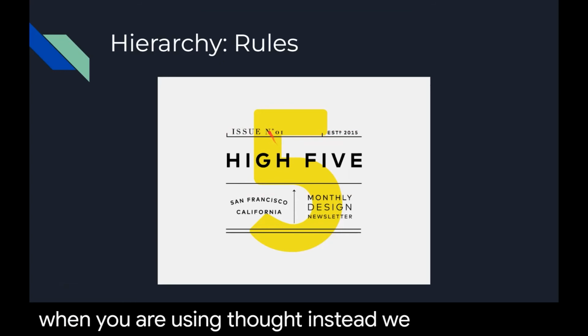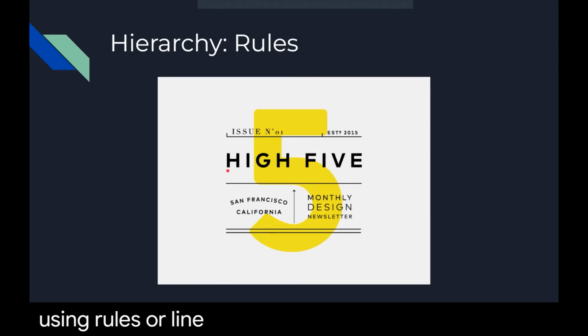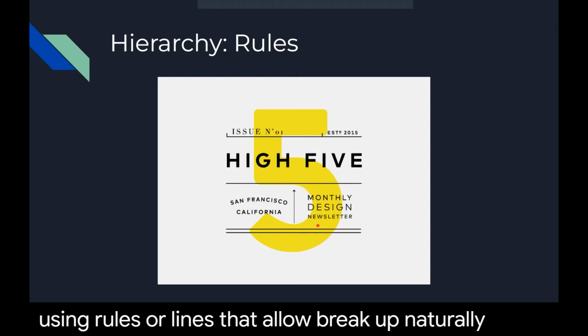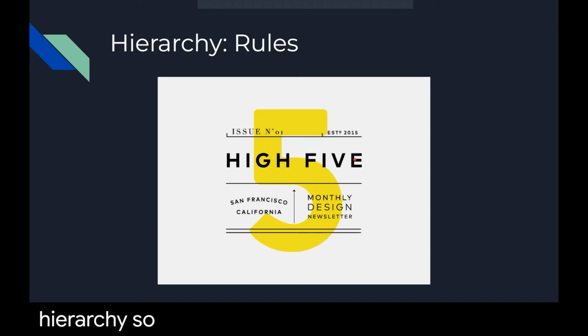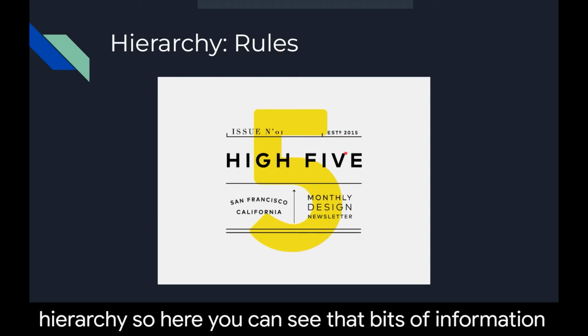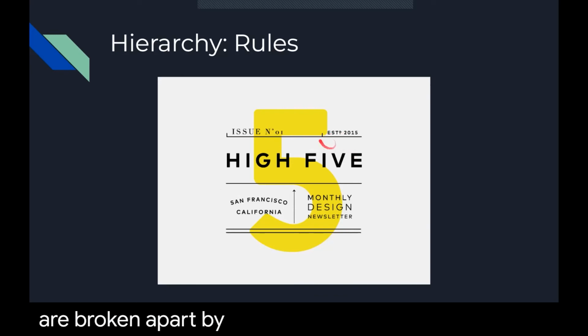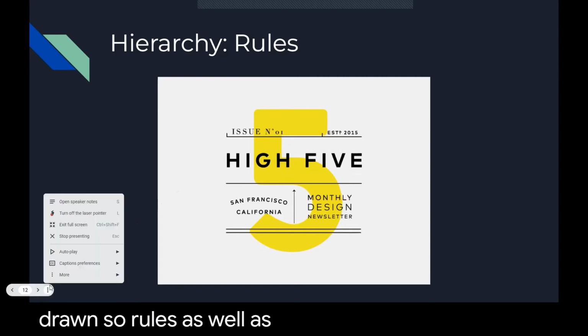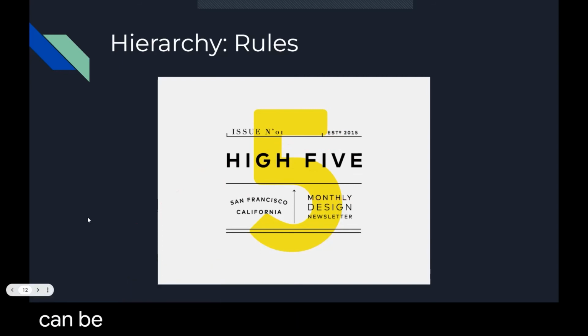Instead, we need to be using rules or lines that allow breakup naturally within hierarchy. So here you can see that bits of information are broken apart by the rules around them. And this allows there to be buckets of information that are drawn. So rules, as well as different boxed elements, can be very helpful.